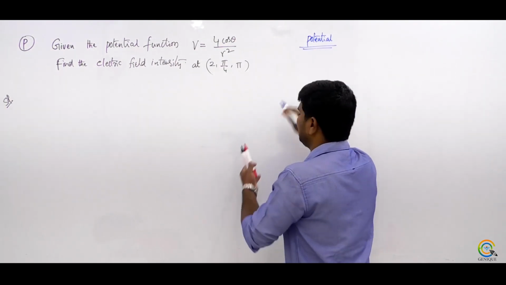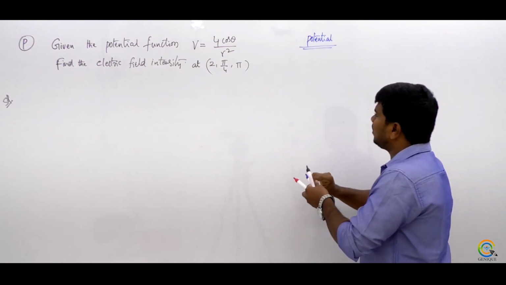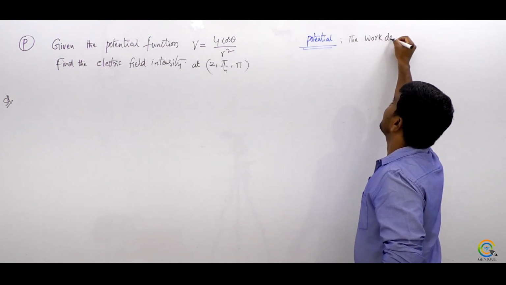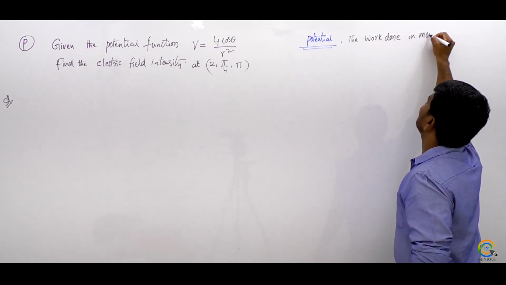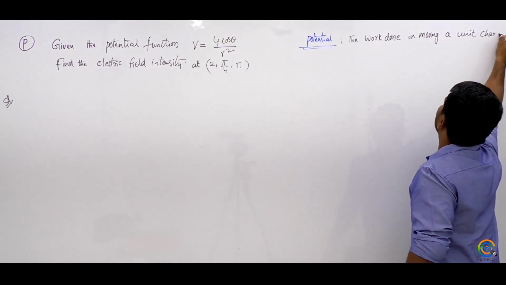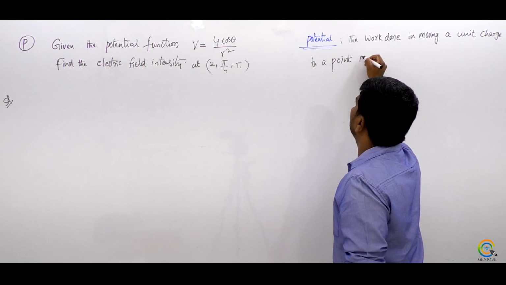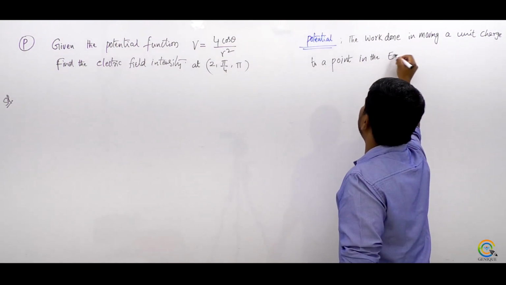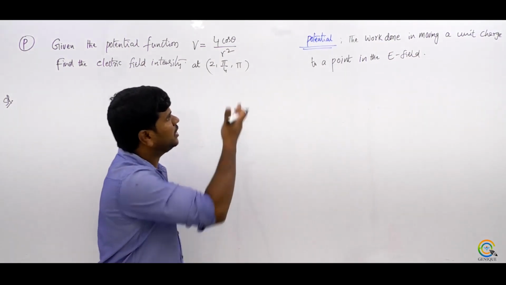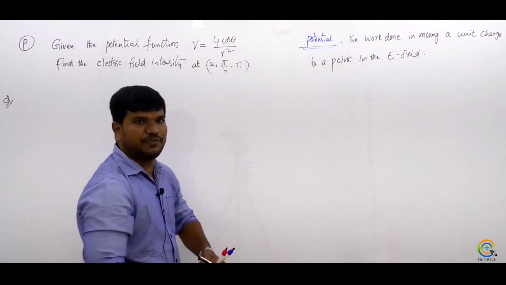Observe this, potential is nothing but the work done in moving a unit charge to a point in the electric field. So this is the definition of the potential. The work done in moving a unit charge to a point in the field.